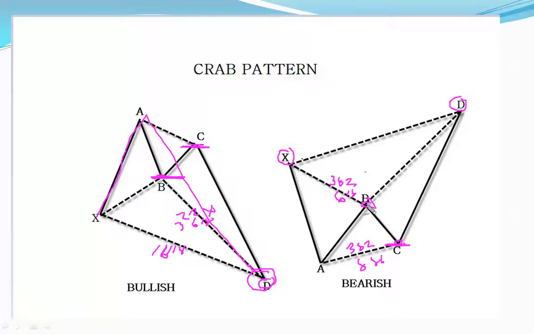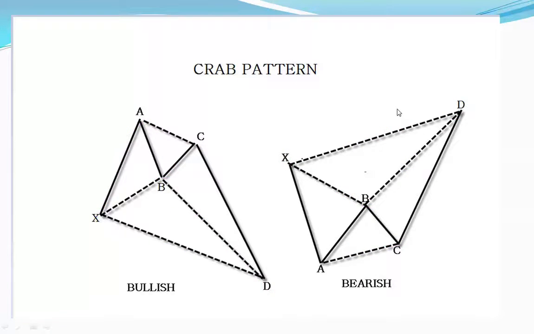From B to C up, it's a 224 to 3618 extension, and then from X to A up, it's a 1618 extension up. That's giving you a D point in this whole harmonic or market geometry, your X, A, B, C, D, in this crab pattern.